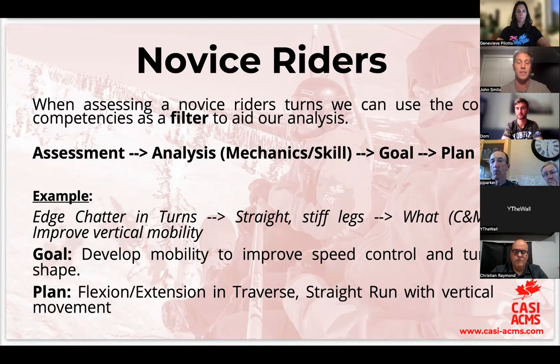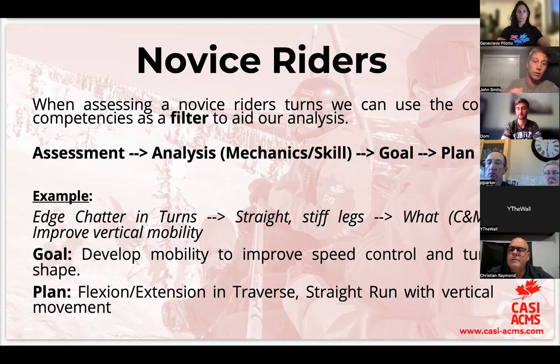Notice it's not just that portion of the core competency, but it's to improve speed control and turn shape. And that's the practical side of the goal for our students to be aware of. And then quite simply, the plan. There's any number of things you could do to help improve this student, but for this example, working on flexion and extension in the traverse, and then also some straight run with vertical movement.